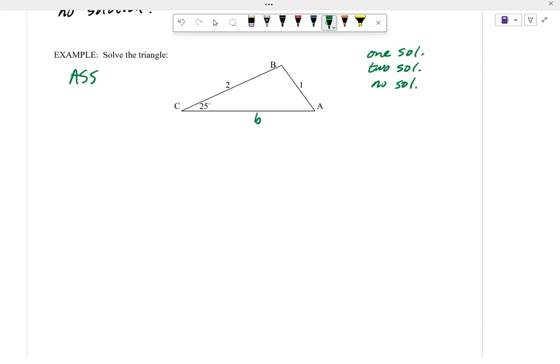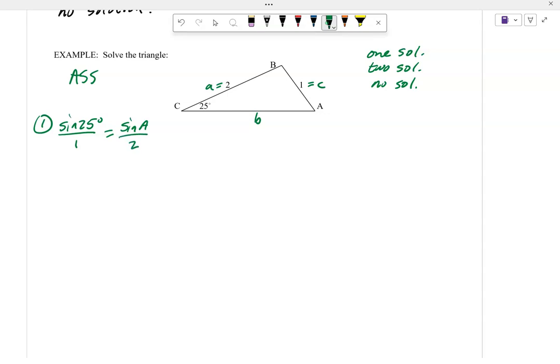So let's start working through this. I got number one, the sine of 25 degrees over lowercase c. So it's lowercase c right there. Equals the sine of a over lowercase a, which is 2.